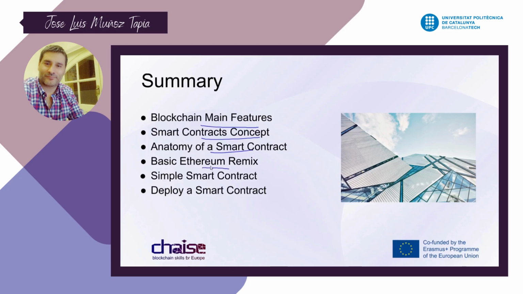We used the very basic functionality of Remix that allows us to write smart contracts and interact with the blockchain. We can deploy the smart contract, create instances of the template we just programmed, and interact with it. We created a very simple smart contract, deployed it, and interacted a little with it. So that's all for this lesson.